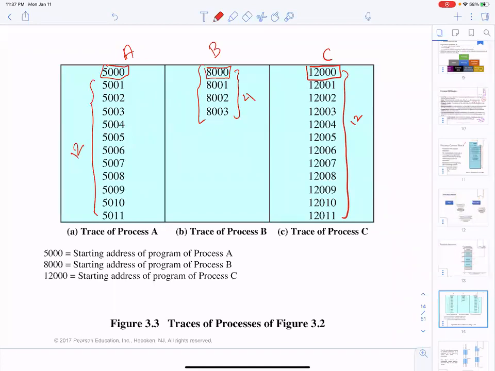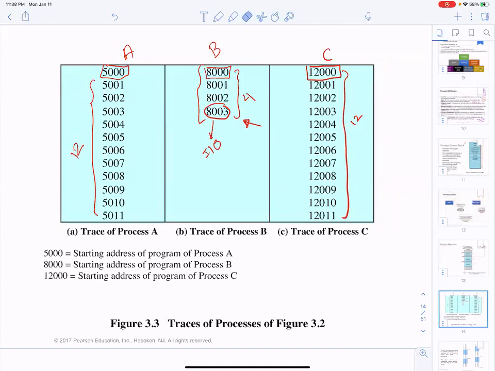So the first 12 instructions will be executed for process A, and then another 4 instructions for process B. For this example, we make an assumption so I can show you how the interleaving between the processes will take place: process B executes 4 instructions, and we assume that the fourth instruction, at this address, will invoke an input-output operation for which process B must wait.